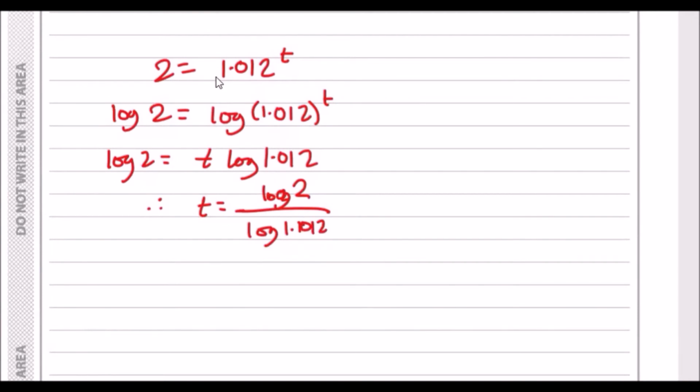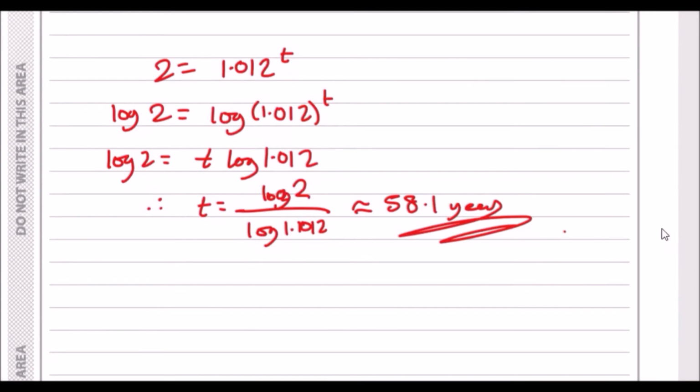Sorry, I sound a bit tired because I've been doing this non-stop. Putting this in the calculator, you can actually use the natural log as well. This should take roughly, to 1 decimal place, 58.1 years.